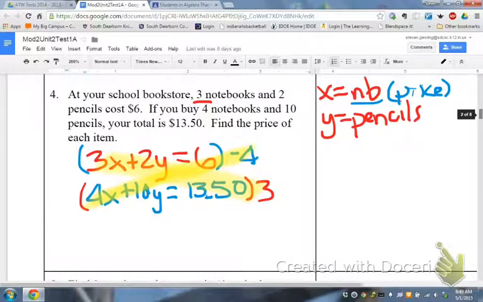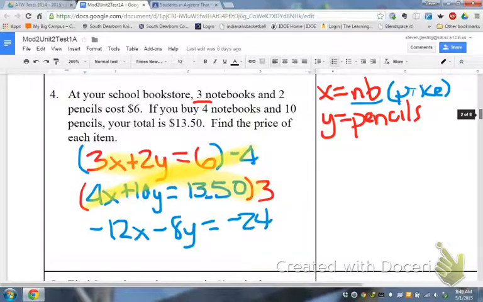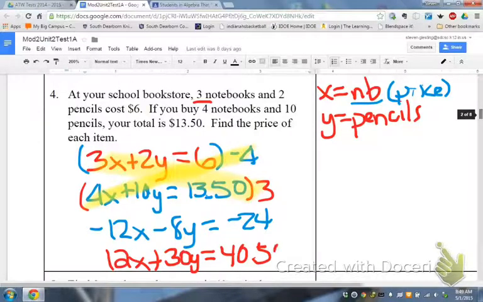So my new top equation, multiplying by -4, gives me -12x minus 8y, and it equals -24. My new bottom equation gives me positive 12x plus 30y, and it equals $40.50.